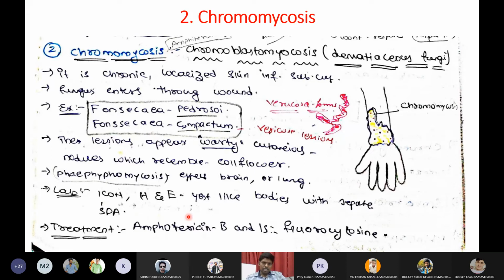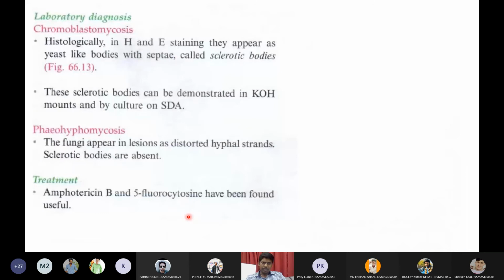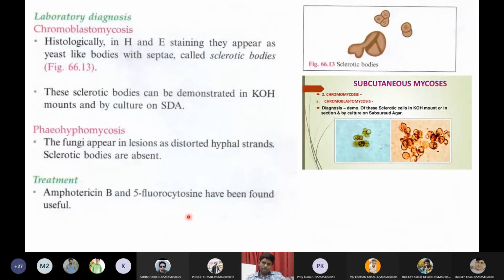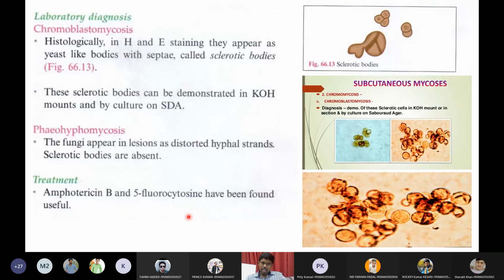Upon KOH and H&E staining, we will see septate hyphae. Presence of sclerotic bodies is an identifying feature for chromomycosis. The treatment includes amphotericin B and 5-flucytosine. So these are the major points in chromomycosis.